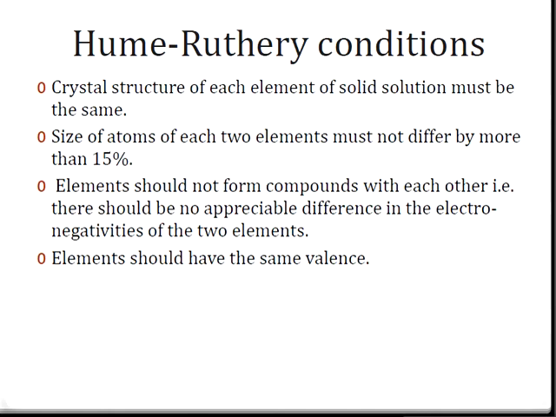The second condition: the size of atoms of the two components must not differ by more than 15%, so the sizes of the atoms should be comparable. The third condition: the elements should not form compounds with each other, that is, there should not be an appreciable difference in the electronegativities of the two elements. The final condition: the elements should have similar valence. The valency of the two should be the same or similar.